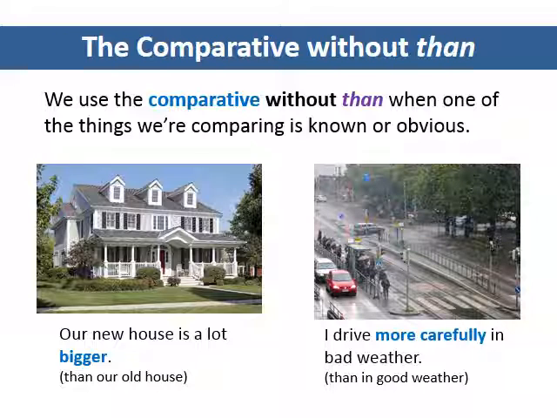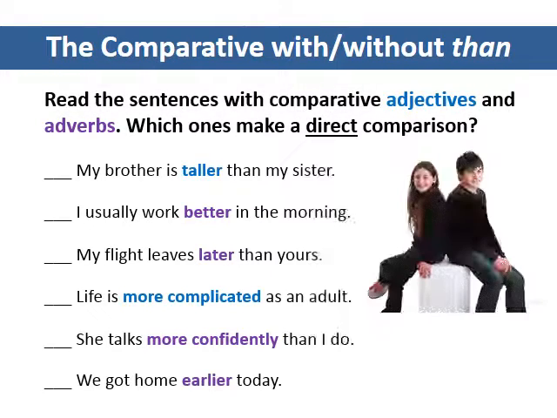In the first example, it is understood that the speaker is comparing two houses. In the second example, it's understood that the speaker is comparing driving in different kinds of weather. Read the sentences with comparative adjectives and adverbs.